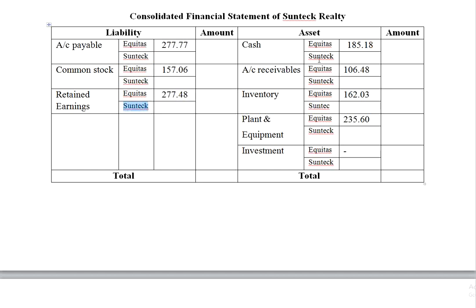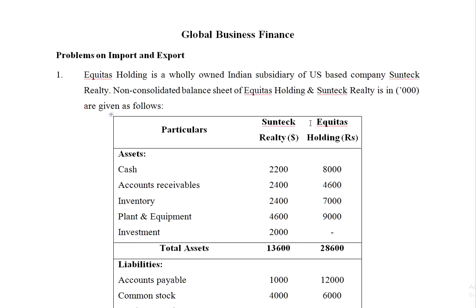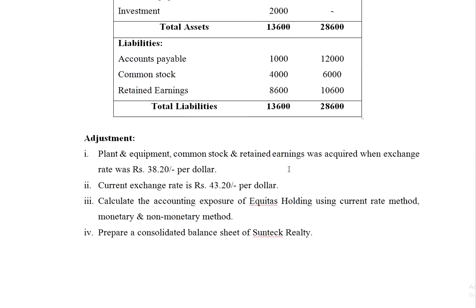We need not convert it because the currency is already given in dollars. So I have to fill this Sunteck Realty's assets and liabilities by looking at the question. Just take out the cash of Sunteck Realty, which is given in the question. Sunteck Realty cash is 2,200, right?